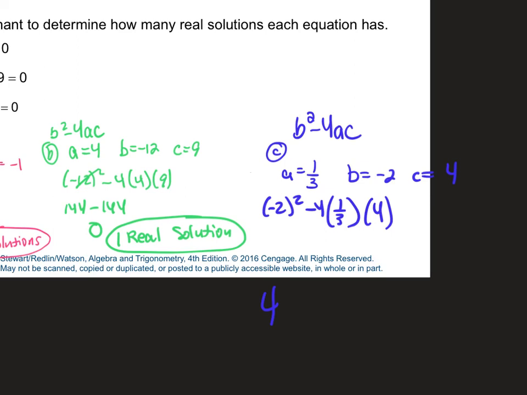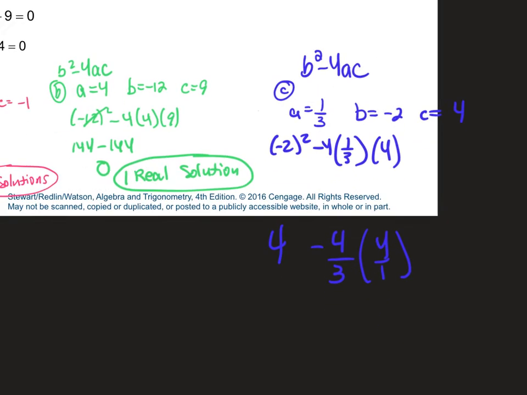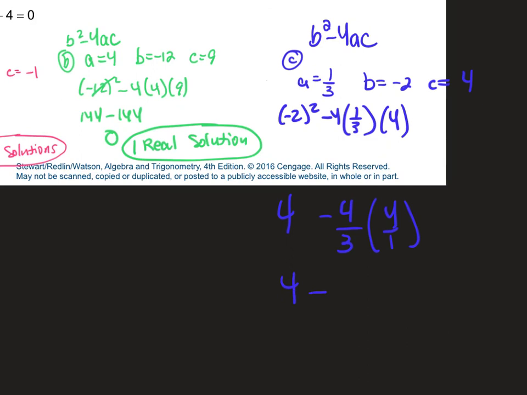If I multiply negative 4 times 1/3, I get negative 4/3, right? And then I times that by 4/1. So I have 4 minus 16/3. If I change 4 into thirds, this is 4/1, so I'd have to times by 3 in the bottom and then 3 in the top. So I get 12.